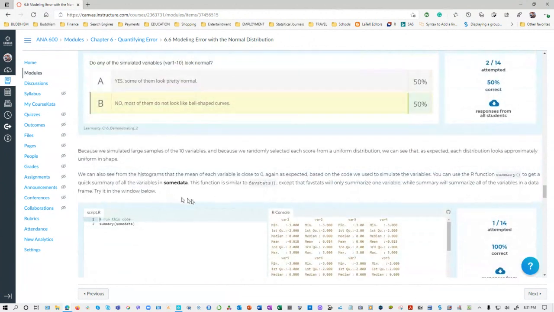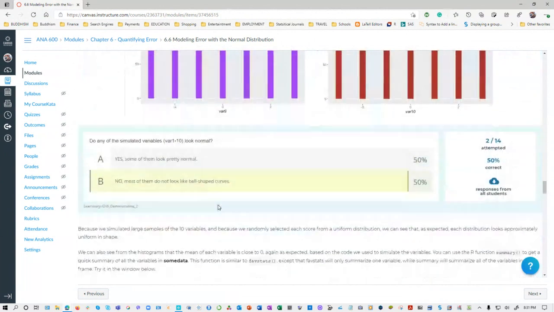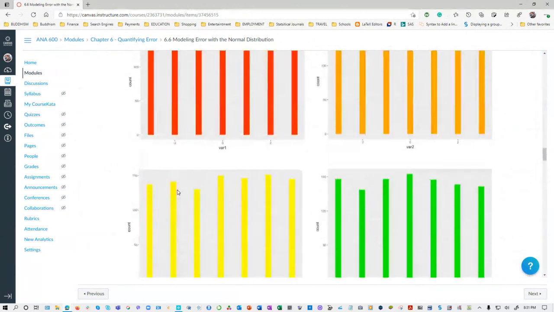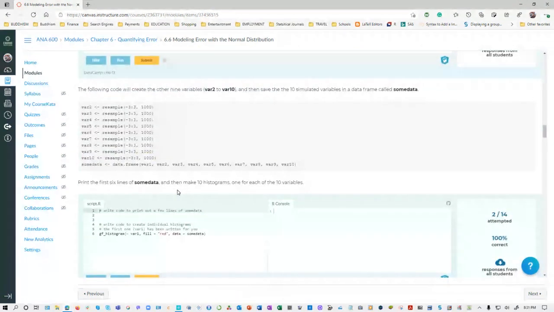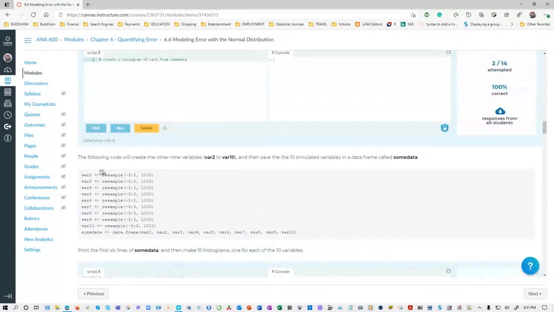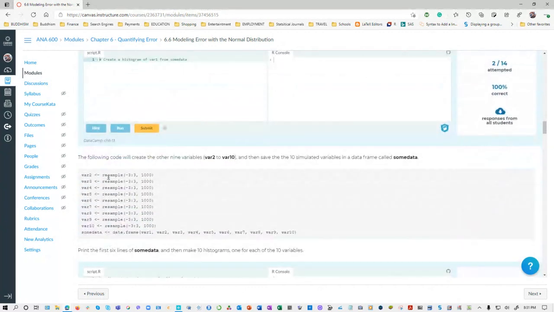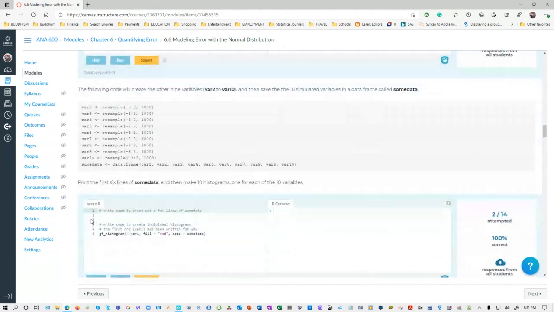They put everything into some data, all the variables. Here is var1, the histogram. Then they get variable 2, resample again, another one: var3, var4, var5, var6, var7, 8, 9, 10.